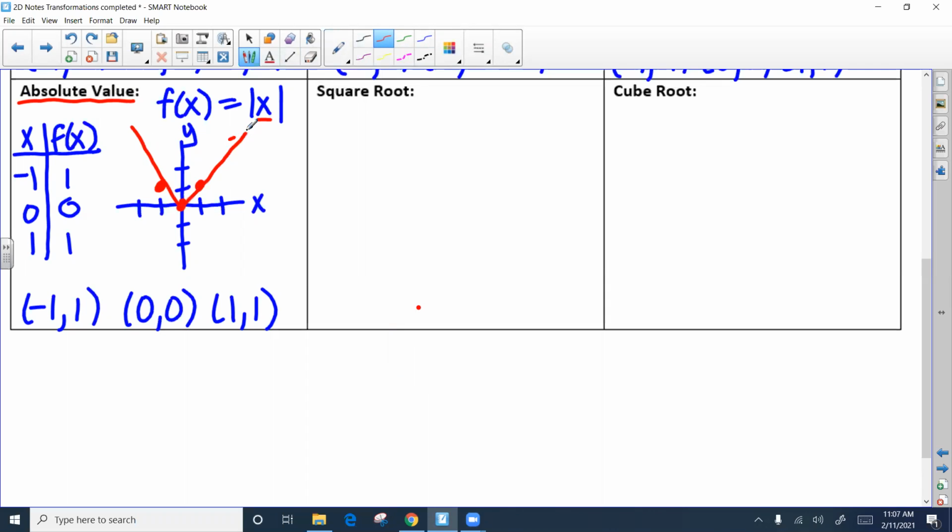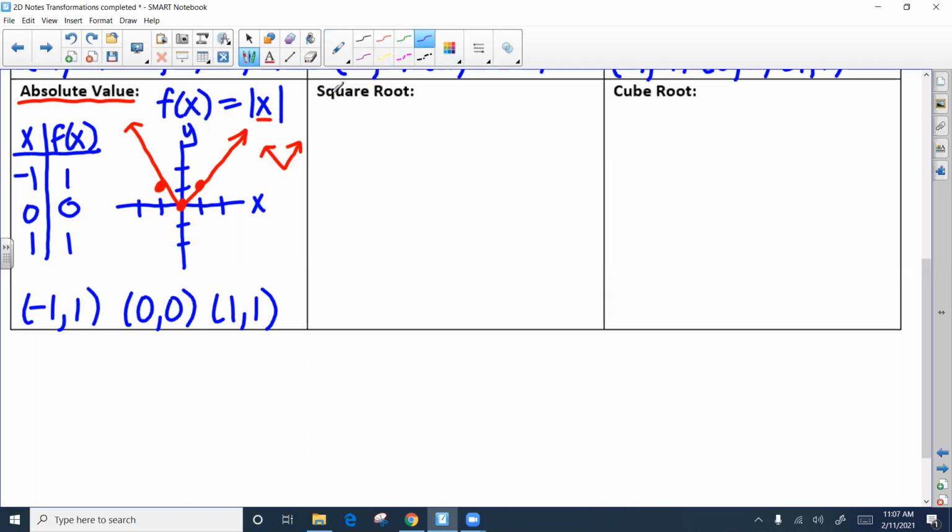So the two sides are straight lines. So it has the same points as the quadratic, but a different shape. All right, we got a couple more to draw in.